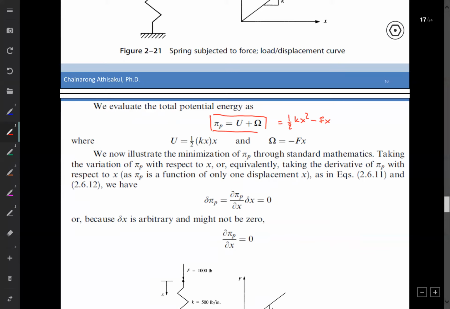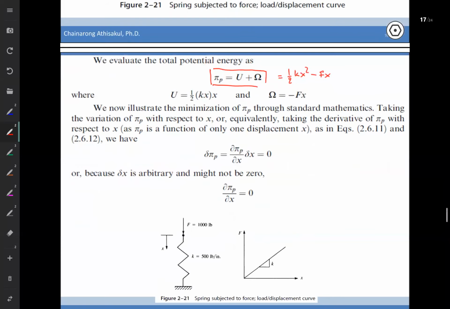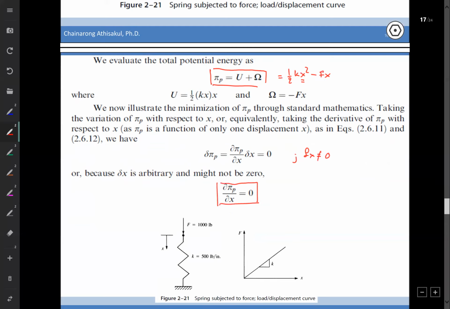According to the principle of virtual work, this system has just one degree of freedom, that is x. When we take the variation, we have delta pi equal to partial pi by partial x times delta x, and we know that delta x is not equal to 0. So we obtain partial pi by partial x equal to 0.